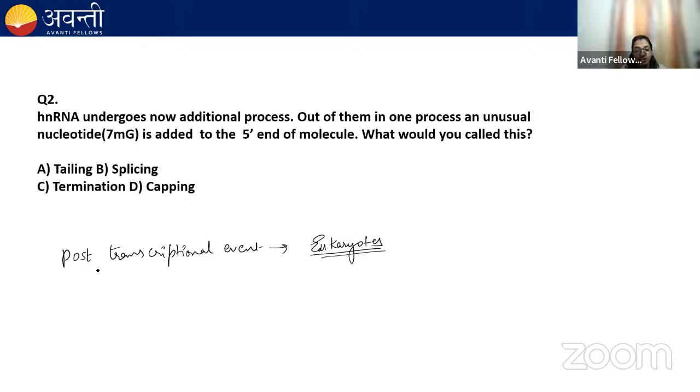And these post-transcriptional events include capping, tailing, and splicing. Capping occurs at the 5' end of the mRNA. Tailing occurs at the 3' end. And splicing is the removal of introns.